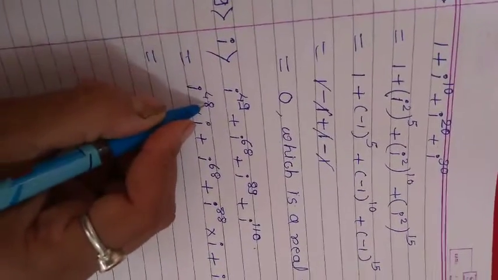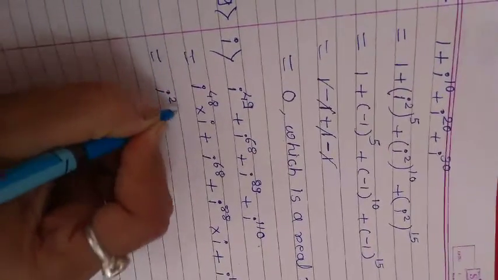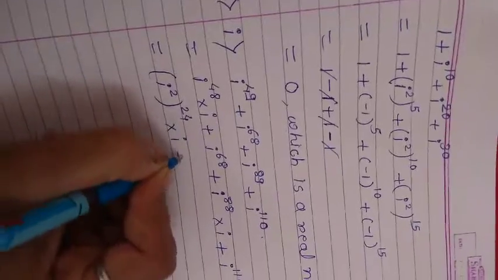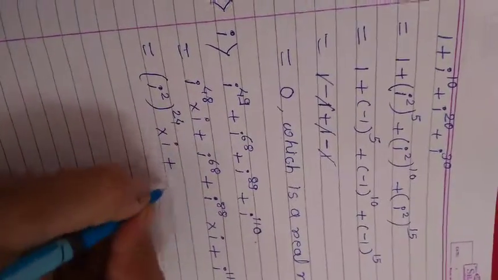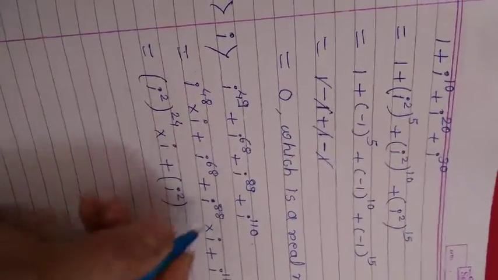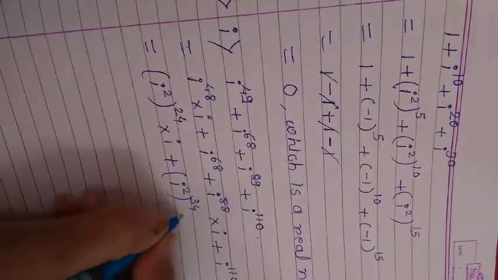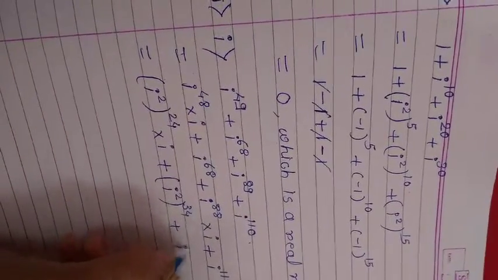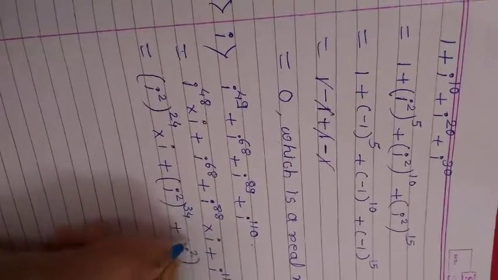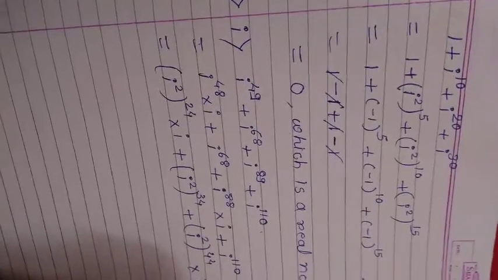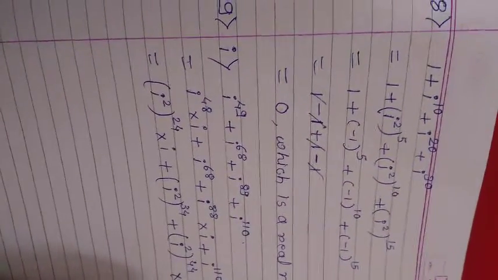Now this i to the power 48 can be written as i square to the power 24 into i, plus i to the power 68 can be written as i square to the power 34, plus this i to the power 88 can be written as i square to the power 44 into i, plus this is i square to the power 55.